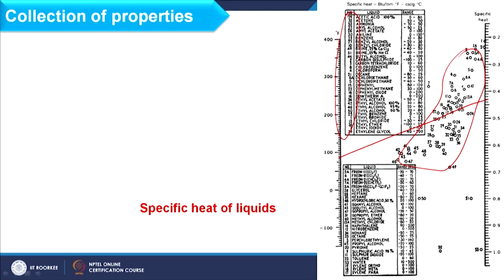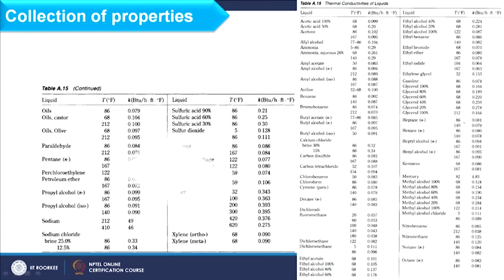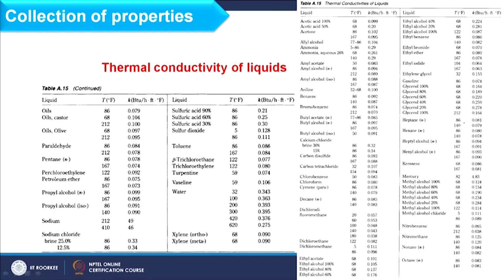And wherever it is cutting the right side, you can consider that as the specific heat of the fluid. And from this table you can find the thermal conductivity of the liquids depending upon the temperature. And density, this we have already discussed in double pipe heat exchanger, where I discussed example 1. Before that I discussed the density data depending upon the liquids, right.